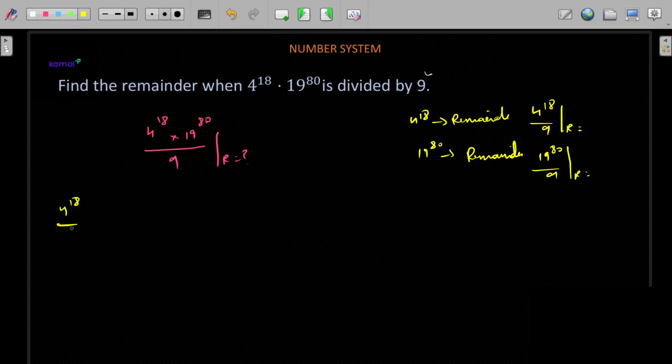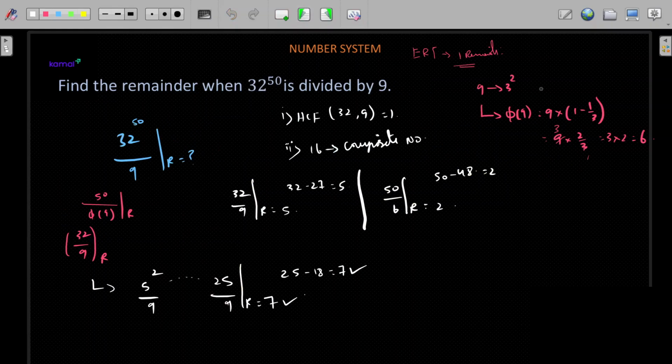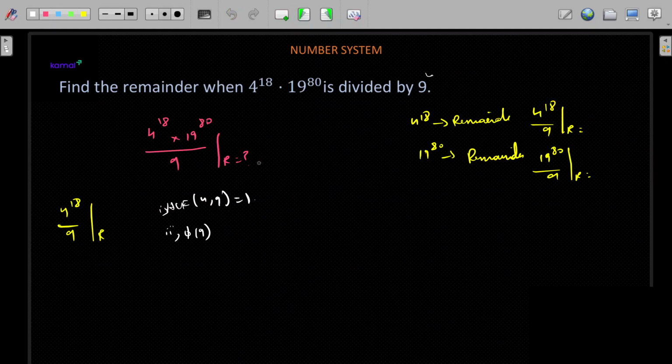4 power 18 by 9, my remainder. First thing we have to verify is whether the highest common factor of 4 and 9 is 1. If it is 1, I can directly perform Euler's remainder theorem. So here it is 1. Then the Euler totient number for 9, which we discussed in the previous question, is equal to 6. Just perform everything.